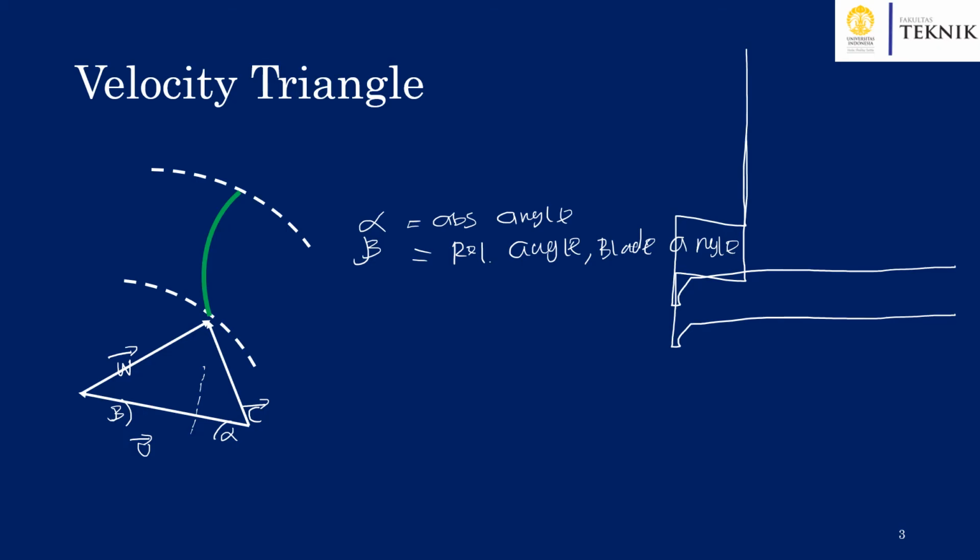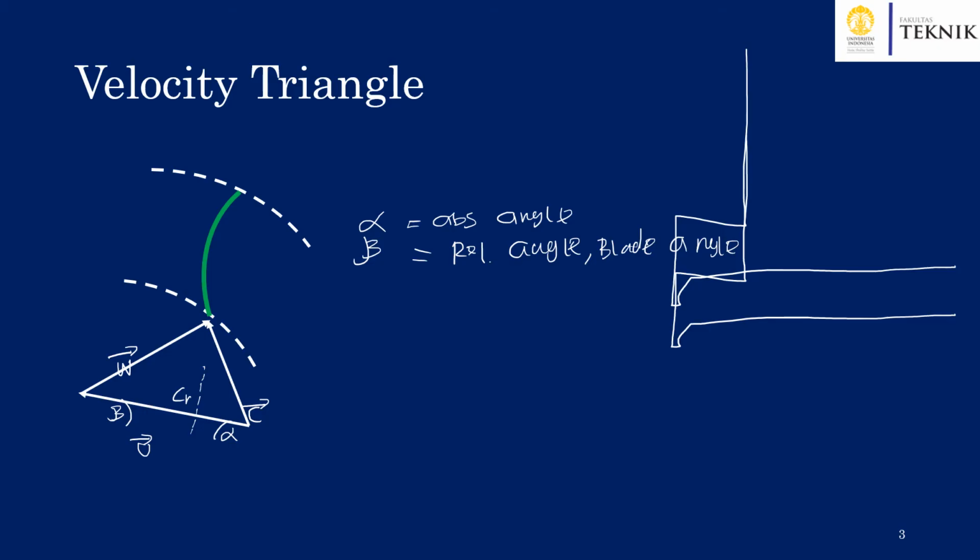From these two angles, we can have two new sub-components of the velocity. From the absolute velocity, we can now have the radial component and the tangential component of the absolute velocity.